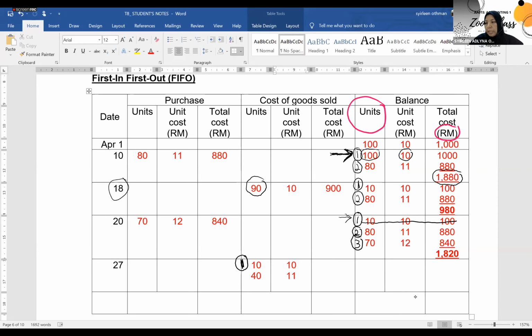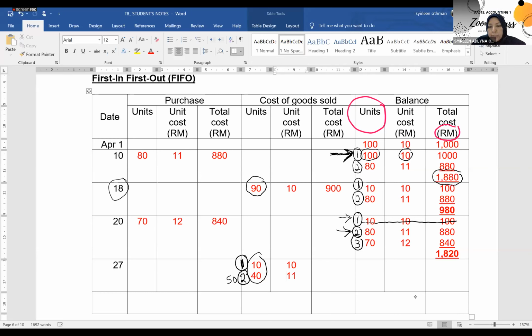Finish. Alright. So, the second, sebab kita tahu total kita jual hari tu ialah 50, tapi I tak boleh ambil lump sum terus 50. I kena ikut dia punya batch of inventory lah. Sebab ini ialah first in, first out. So, 40 balance yang tak cukup tu, saya ambil dari sini. So, ini is taken from my batch yang kedua.